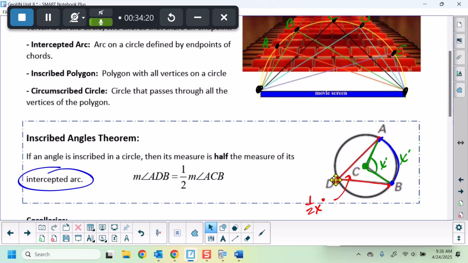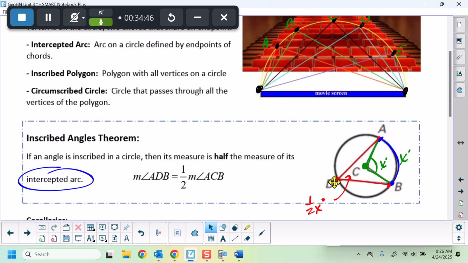And I want you to picture clicking on that vertex C that's at the center of the circle and dragging it out. So if I click here and I was able to drag this angle out, are you surprised that the measure of the inscribed angle is half of the central angle? Because when I pull it and I stretch it back, do you see how that angle gets smaller?